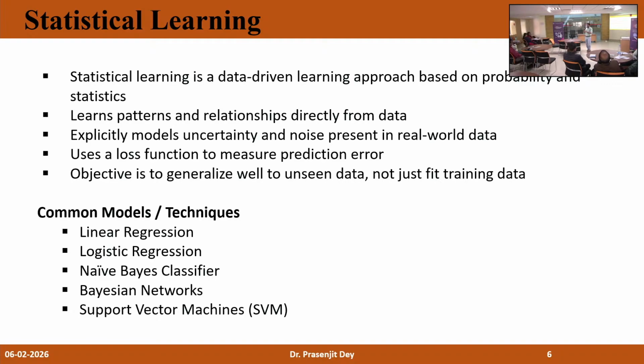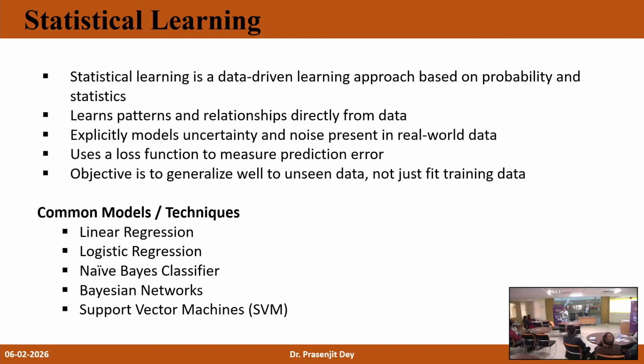If a new participant comes into this room now and someone asks me what is the chance that the new candidate will be male or female, my default guess should be male, because there is the maximum chance, 0.75 probability, that the next person must be male. That is our previous knowledge or prior probability. So statistics and probability are the core components of statistical learning.